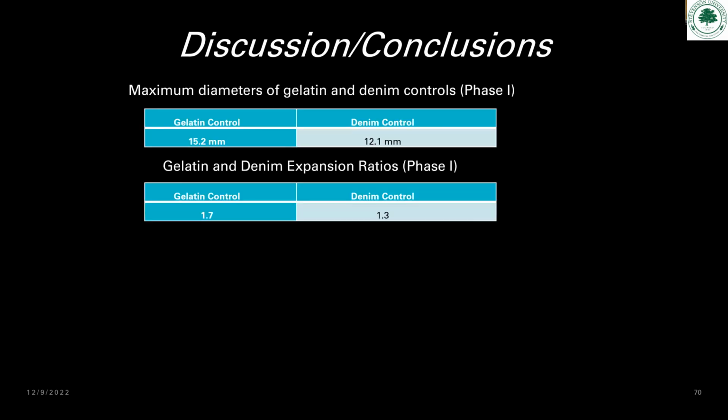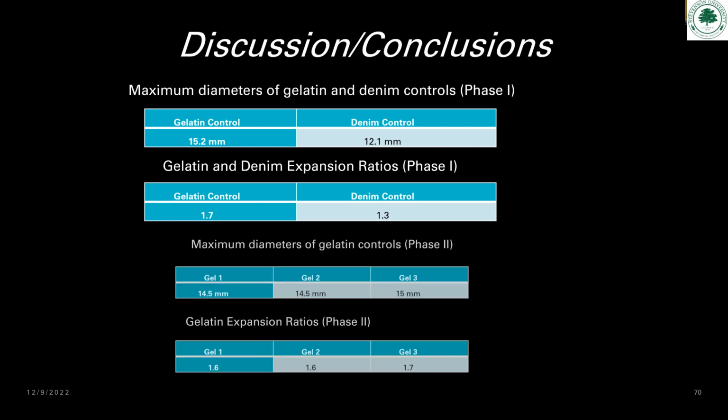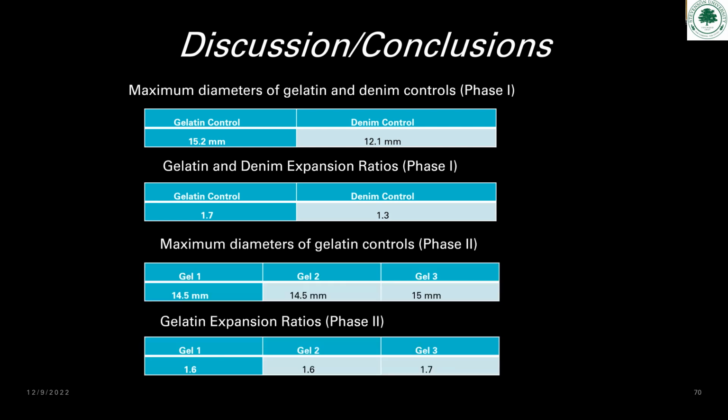The gelatin control and the denim control, here's where you start to see a difference. The gelatin control, this is from the phase 1 testing. I have a 1.7 expansion ratio, but the denim is only a 1.3. Okay, and we're seeing the same thing with the phase 2 testing, the 3 shots through the gelatin.